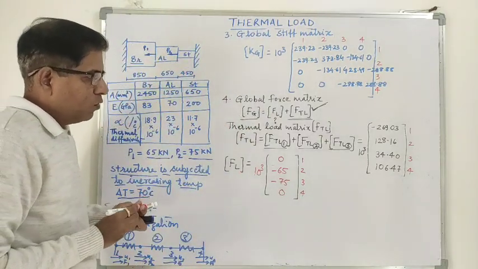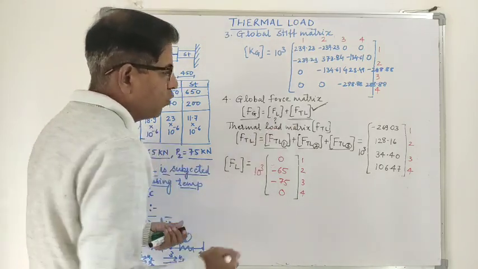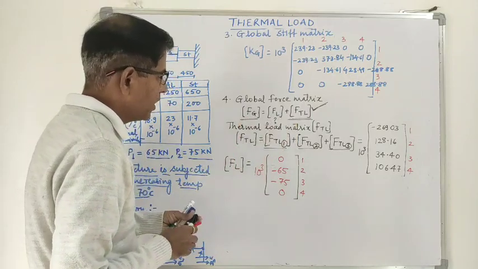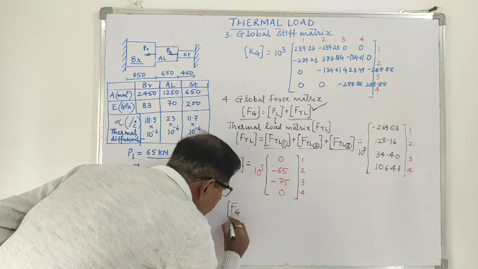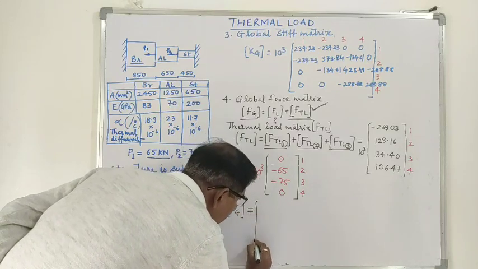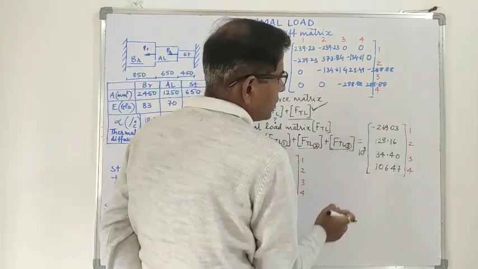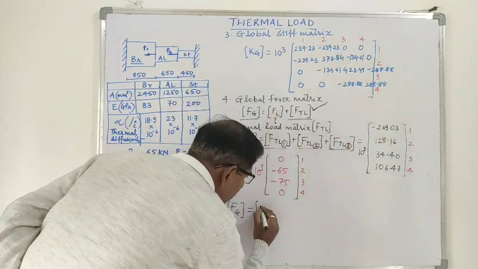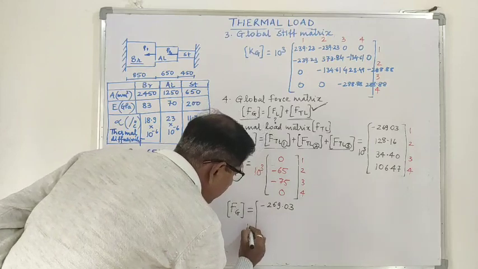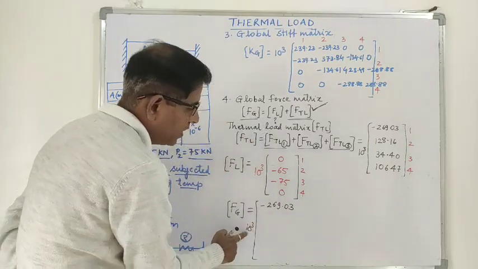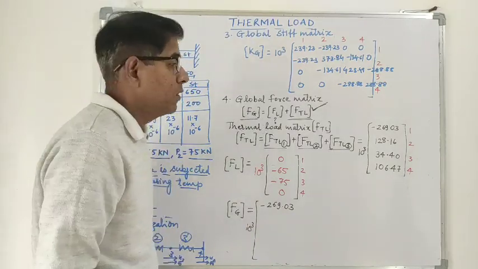Now add both these forces to find out the global force matrix. So the global force matrix will be, at node number 1, 0 minus 269.03, so the answer will be minus 269.03, 10 to the power 3 outside the bracket. Don't forget this 10 to the power 3. If you miss this 10 to the power 3, your entire calculation will go wrong.